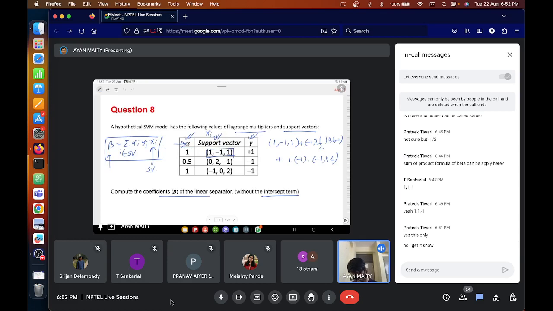Let me check once. So this is what I have. The first component would be 1 minus half minus half plus 1.